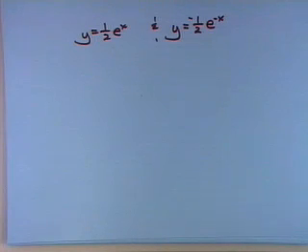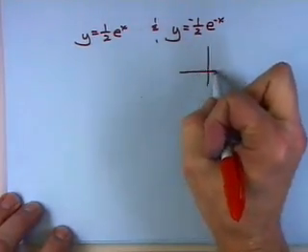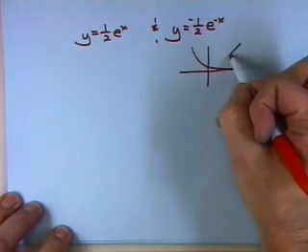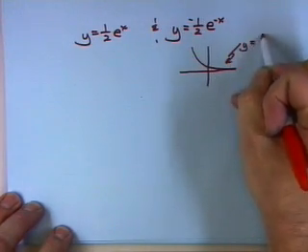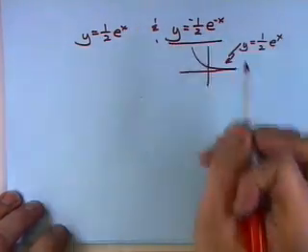So we want to graph y equals 1/2 e to the x again, and this time we want to graph the negative of 1/2 e to the negative x. Now we already graphed 1/2 e to the negative x, and that looks something like this, right? What does this one look like?